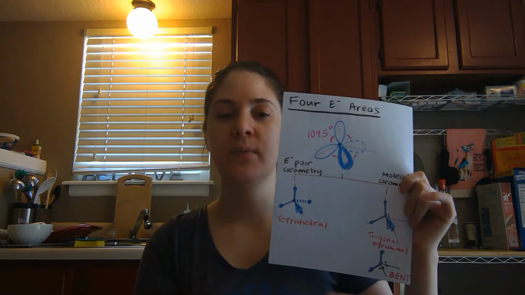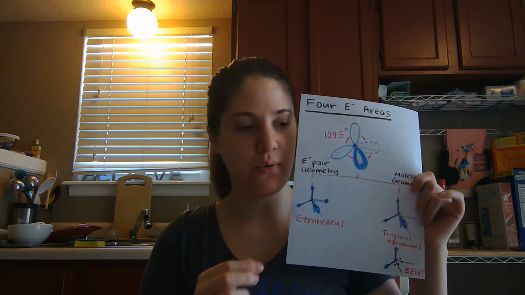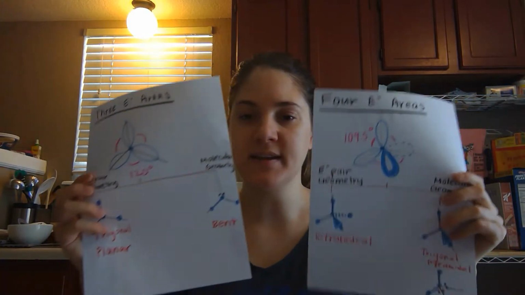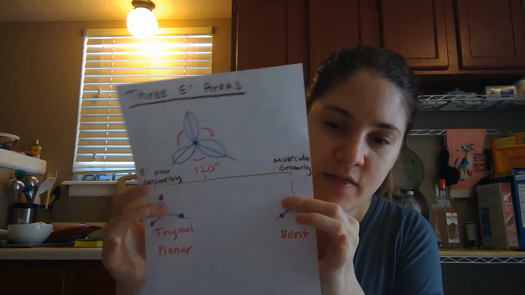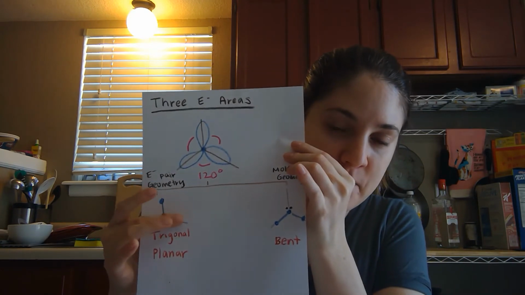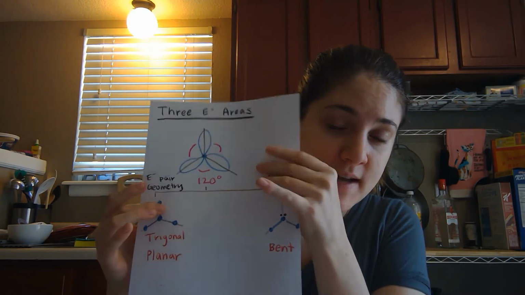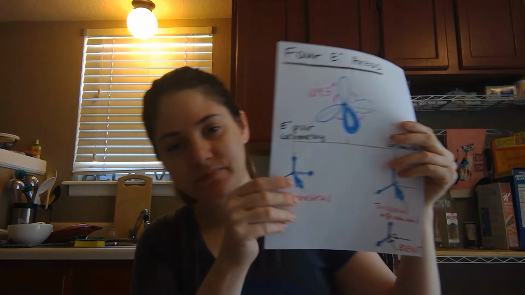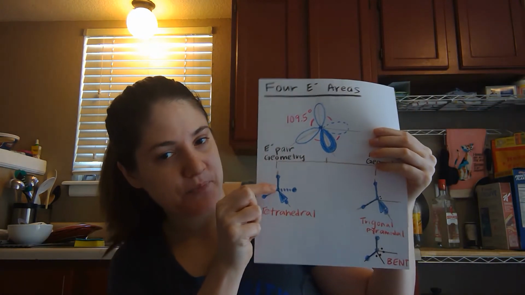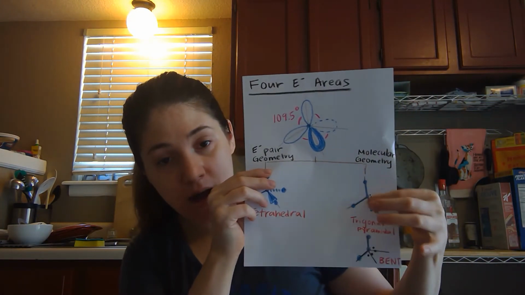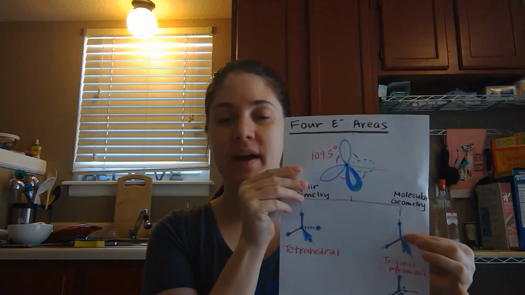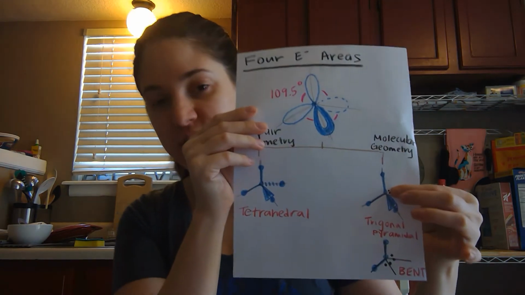So this is where those lone pairs will become important, because if you look at this previous thing, there's 3 bonded pairs, but it's flat because there's no lone pairs to impact. In this case, it has 3 bonds, but it's not flat because that lone pair is still there, and so it's still impacting the shape.